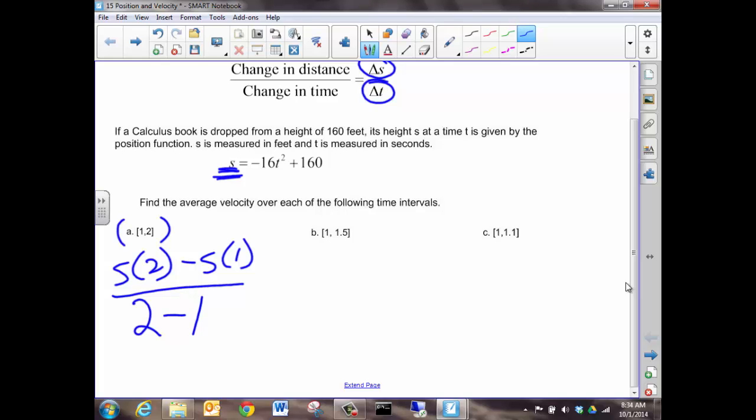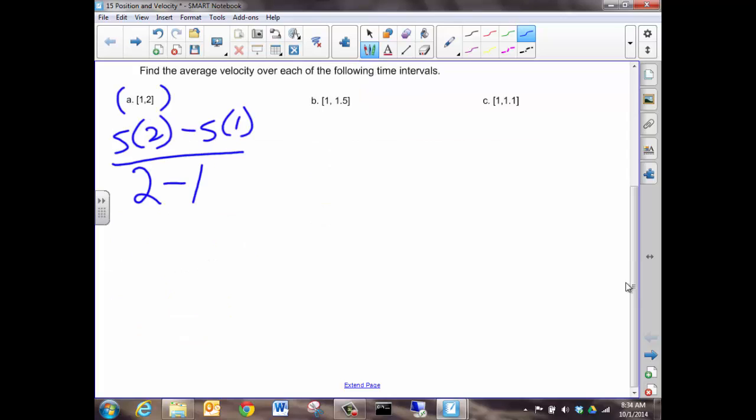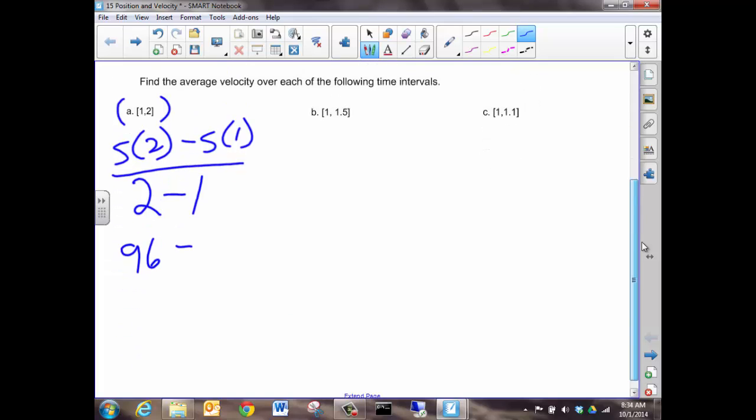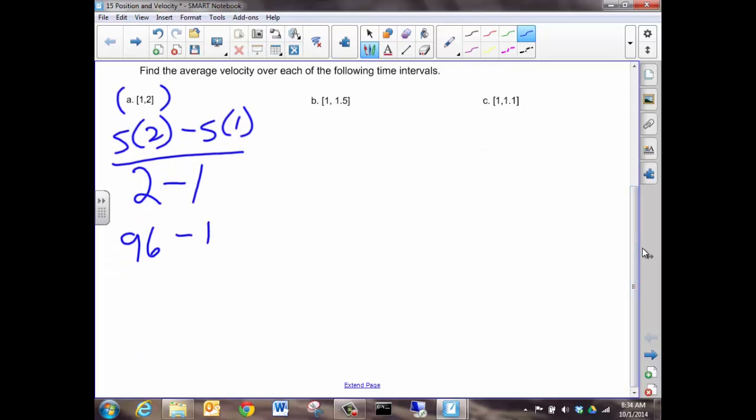So let's do that mathematics there. If we find S of 2, putting 2 in here, 2 squared is 4 times 16 is 64. 160 minus 64 is 96. 96 minus, if I put 1 in here, 1 squared is 1 times 16 is 16. 160 minus 16 is 144.